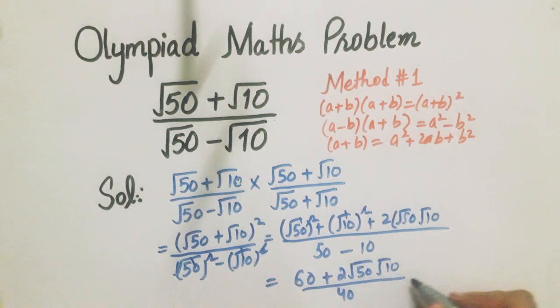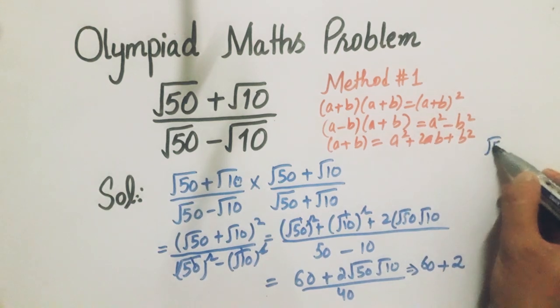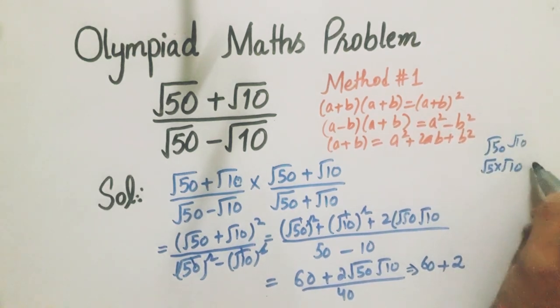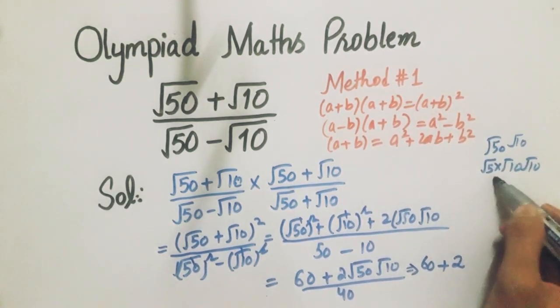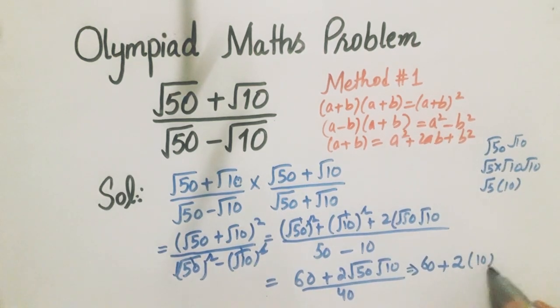Now in the next step we will solve this as, take this common: 60 plus 2 multiply 10, because we know that square root 50 can be written as square root 5 multiply square root 10, and this will be multiplied by square root 10. So it means square root 5 into 10, so it means 10 into square root 5, divided by 40.